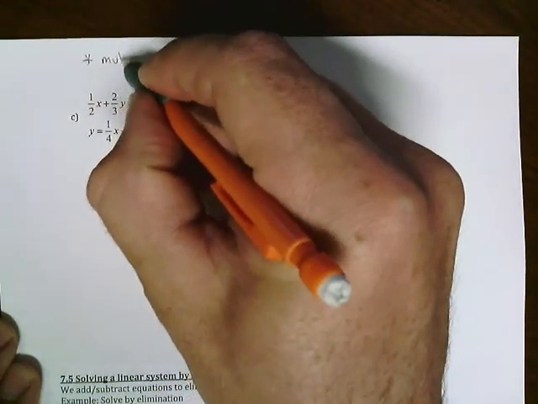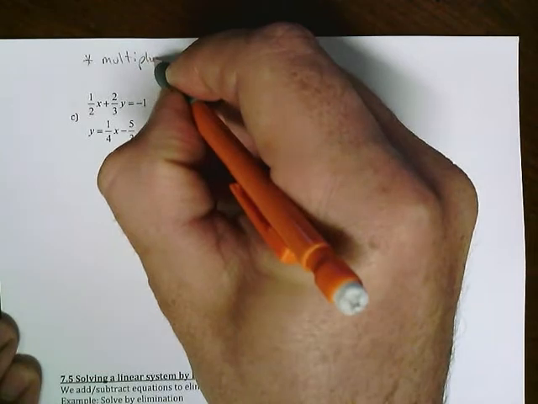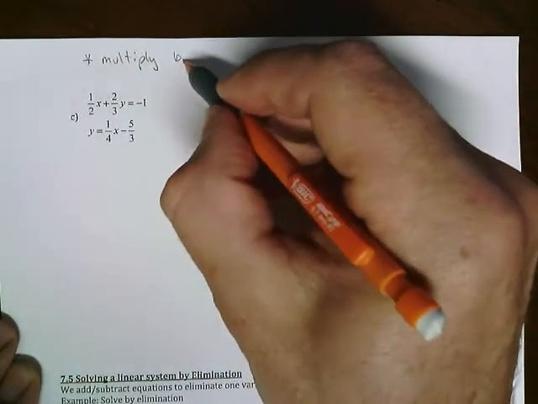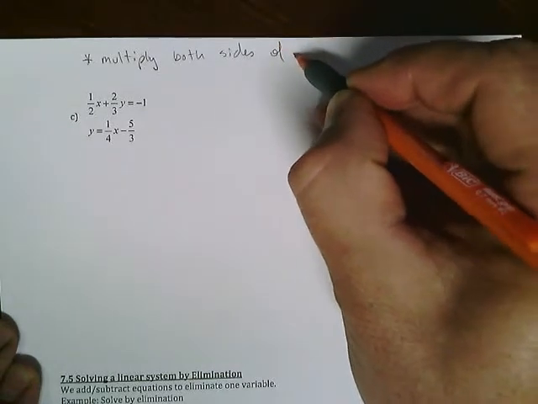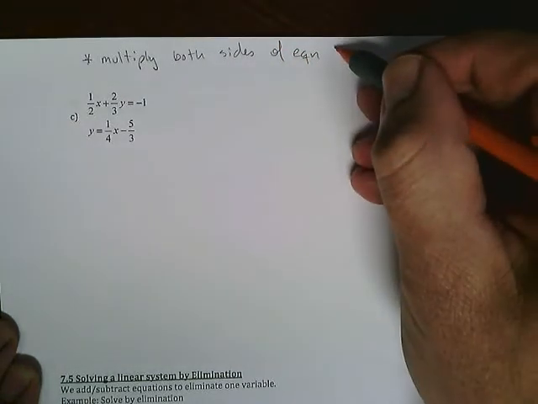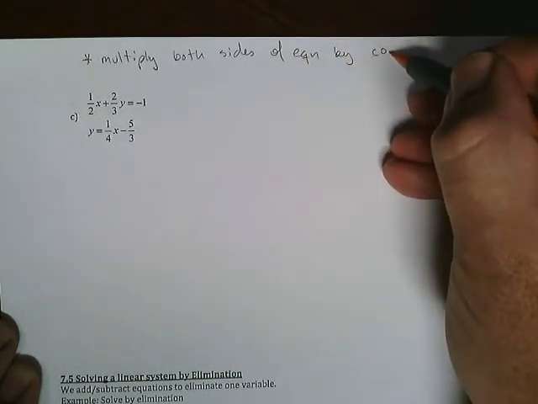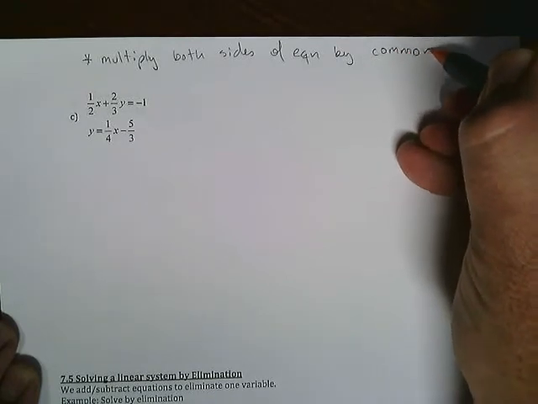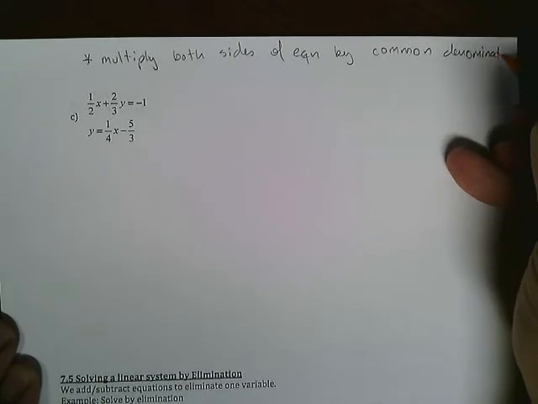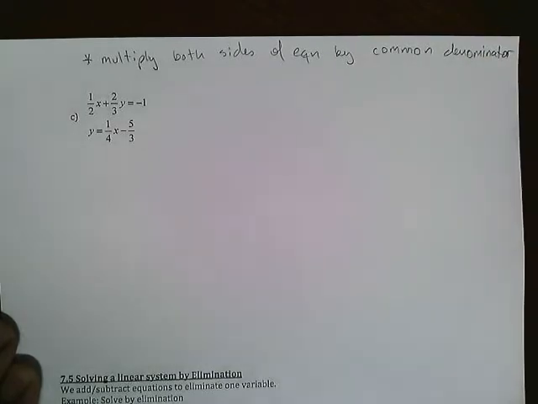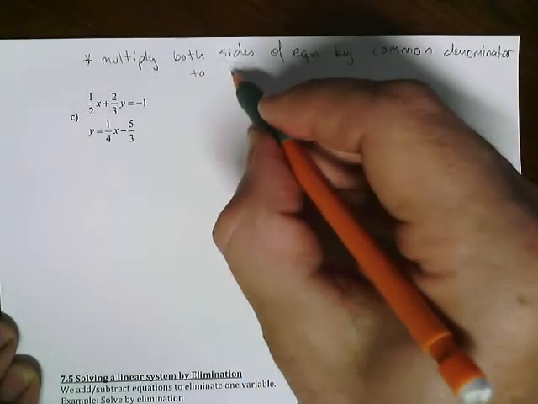We multiply, don't forget this method. You multiply both sides of the equation by a common denominator, okay, to eliminate fractions.